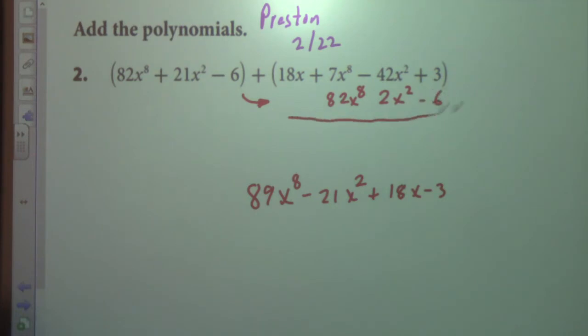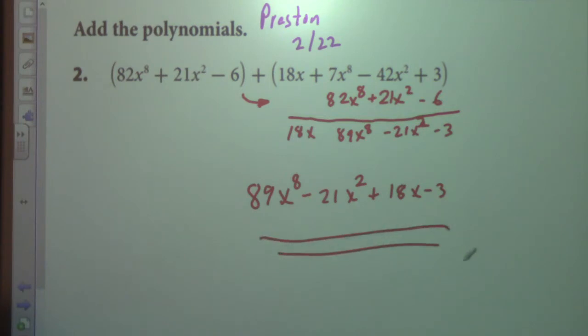If we just add these up, we get 89x to the 8th power, then minus 21x squared, and finally minus 3. Does everything look good there? Yeah, I think it looks good. That's not that hard, is it? That's pretty simple to see, isn't it?